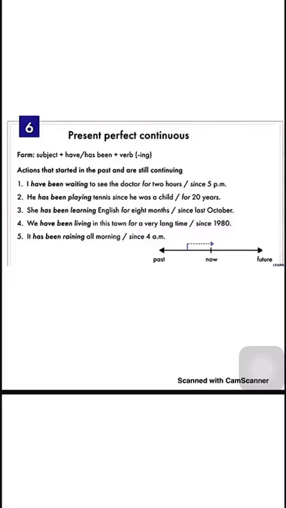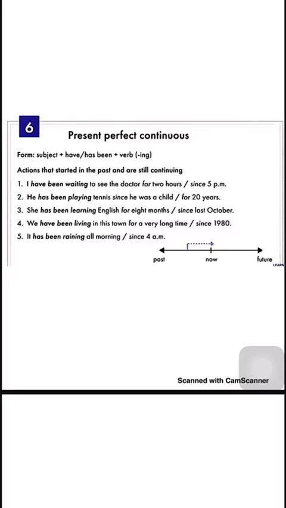Clear? Yes, but you can use since 4 a.m. if you want to mention the starting point. अगर आपको starting point पता है कि हाँ ये तब शुरू हुआ था, 4 बजे सुबह शुरू हुआ था, then you can write since 4 a.m.